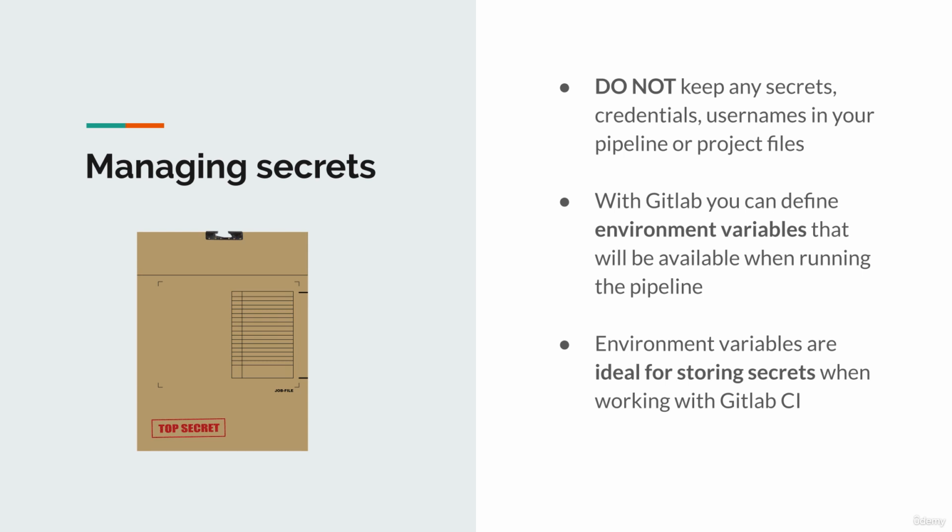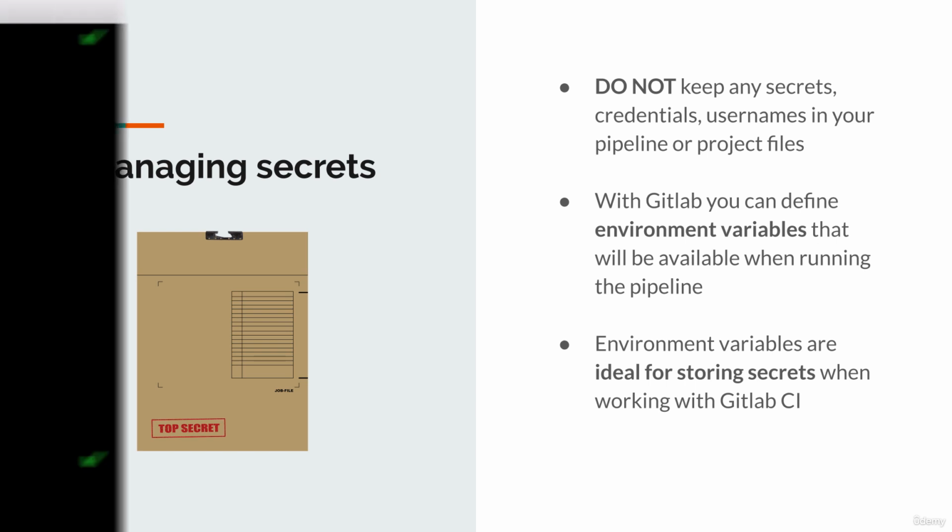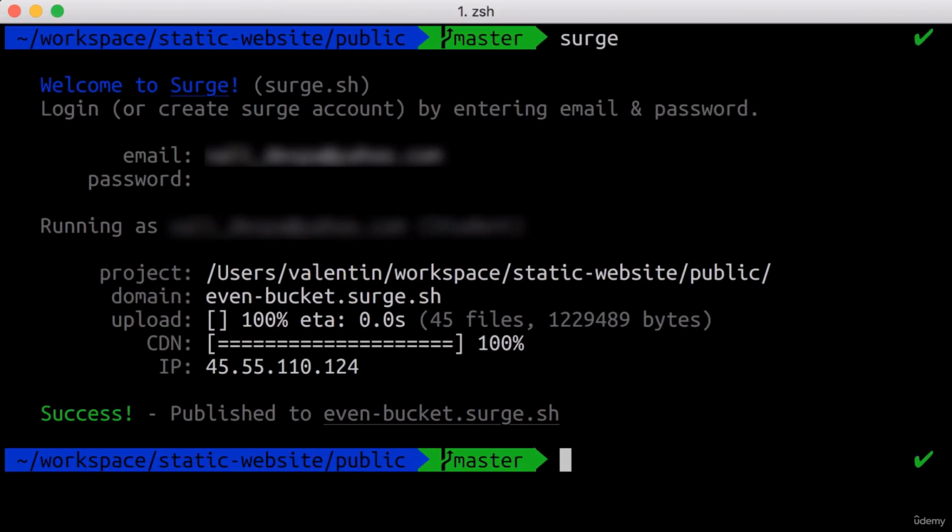Now, the goal is to be able to use GitLab CI in order to deploy the website to Surge. And as you have seen, we have this interactive interface where you're using your email and password. This is, of course, not available in GitLab because you cannot interact with this tool and start typing in things. And generally, you do not want to use usernames and passwords in order to do deployments.